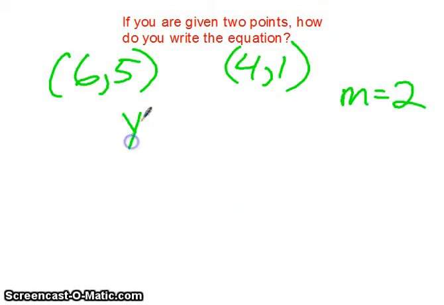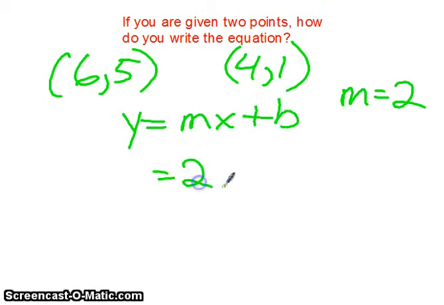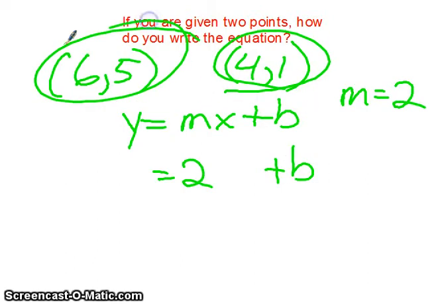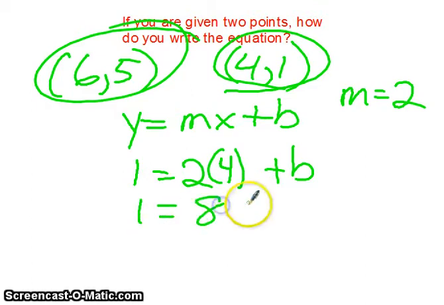So we have our equation now, y equals mx plus b. And we know that our slope is 2, and we don't know our b. We can pick either point, 4, 1 or 6, 5. I'm going to pick 4, 1 just because it's random. So we're going to plug in 4 for our x and 1 for our y. If we do the math, 1 equals 8 plus b. Two-step equation.